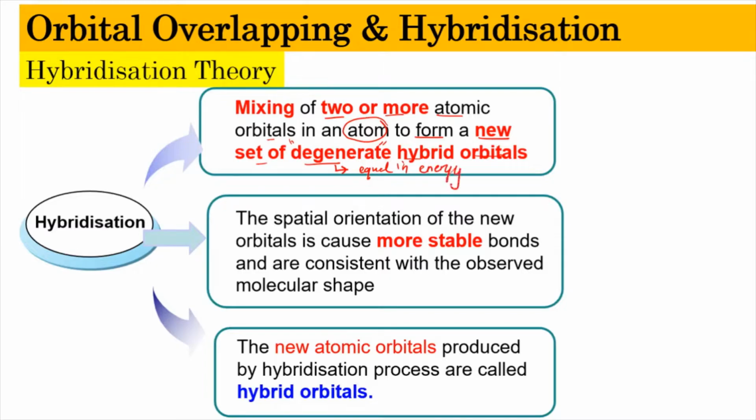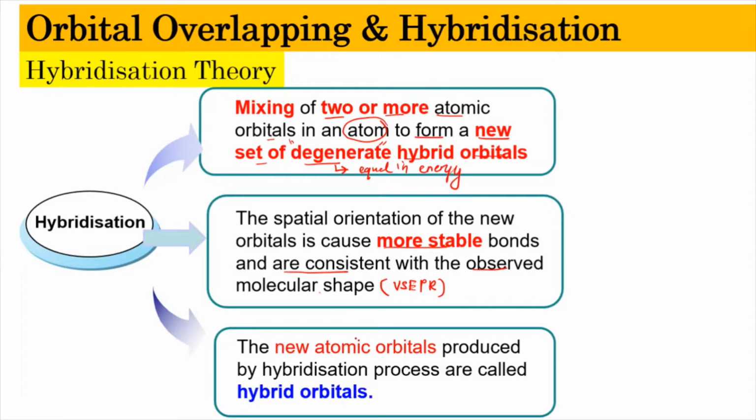And the reason we do hybridization is that it allows the orientation that we produce to be more stable and consistent with the observed molecular shape, which is aligned to the VSEPR theory. That is why we hybridize the orbitals, to make them more stable and consistent with the observed molecular shape based on VSEPR.